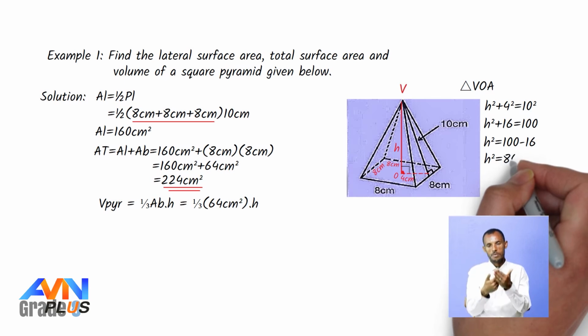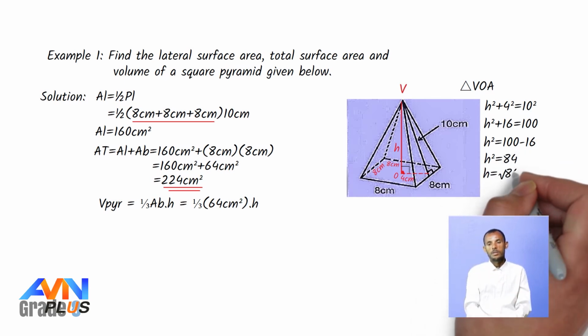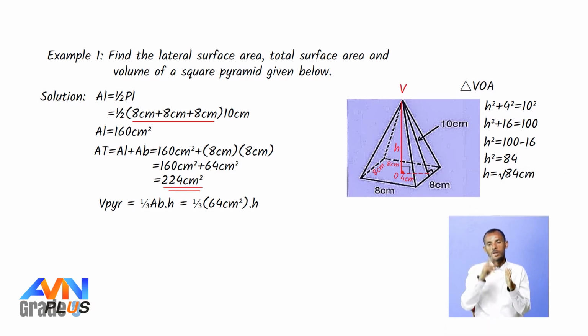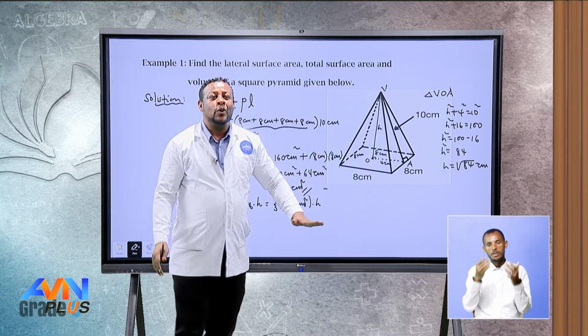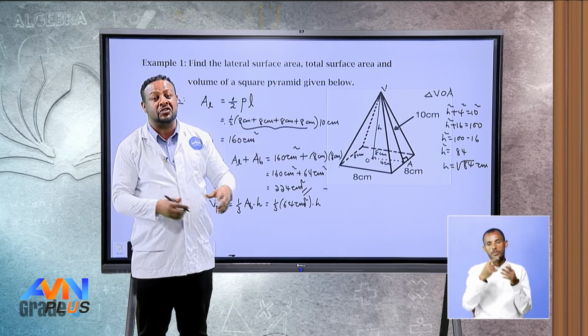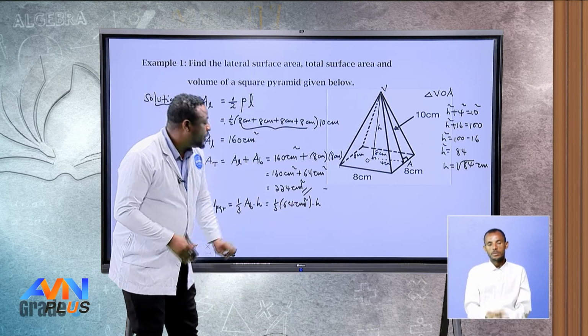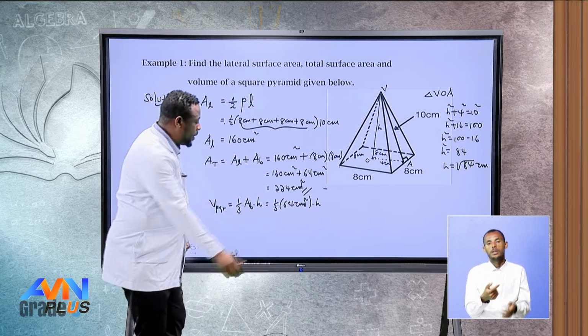Therefore, h becomes the square root of 84, and the unit of h is centimeter. Now we have the altitude of the pyramid, which is radical 84, so substitute it here.